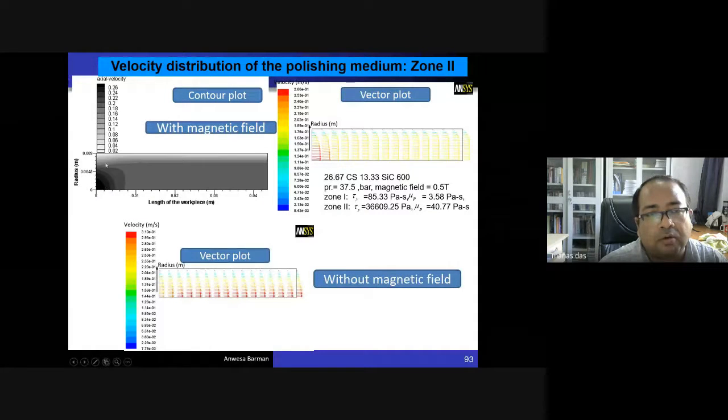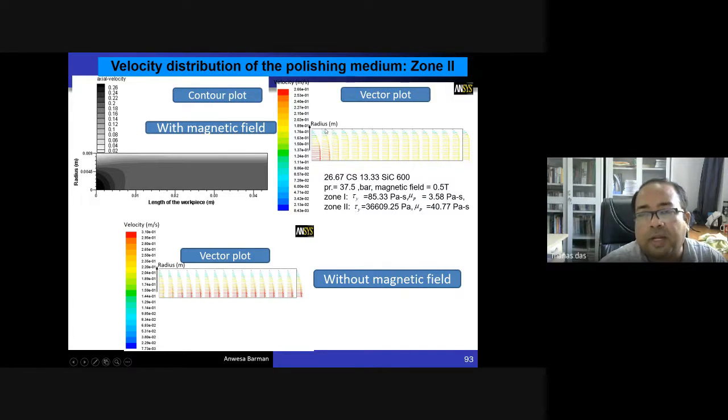This is the contour plot here. We have seen that up to 0.01 meter, or 10 millimeter, it gets fully developed. After that, this portion is the solid core region, and this is the yielded zone. In the vector plot we see the velocity profile is inclined a little bit in this direction.